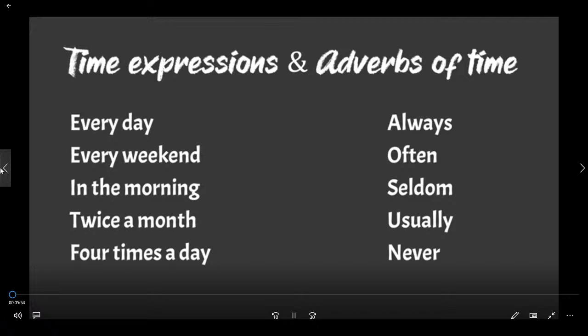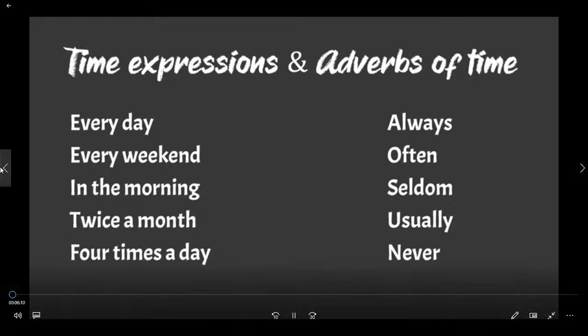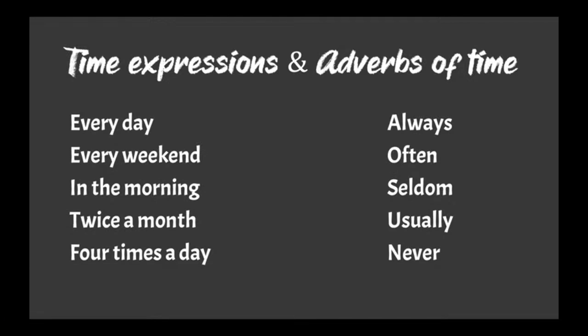So for time expressions, I listed every day, every weekend, in the morning, twice a month, 4 times a day, etc. The adverbs of time that you might find in a sentence in the present simple tense are always, often, seldom, usually, never, etc.